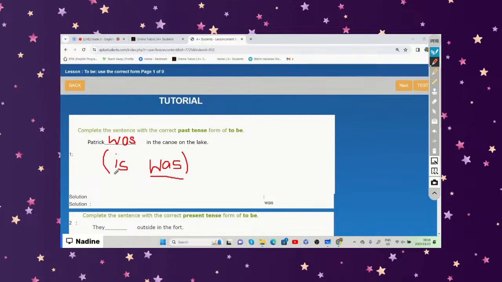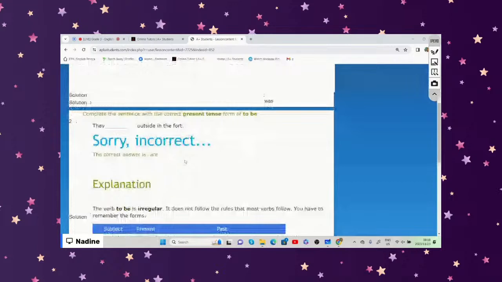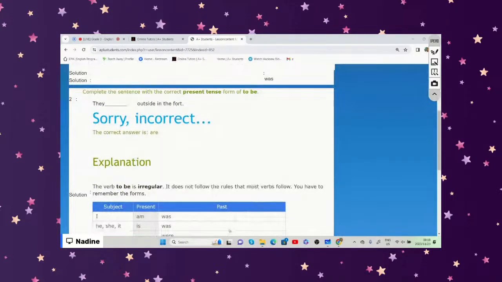If we had to say Patrick is, then it means that it was in the present tense. And was is correct.